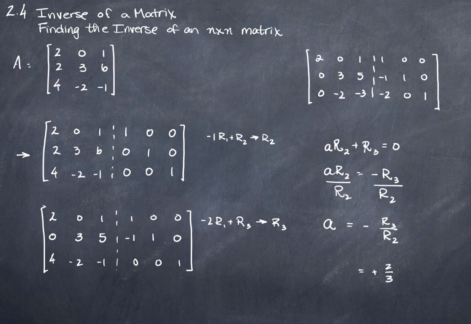All right, so I'm going to take, let's just do it with an eraser here, I'm going to take this operation and make A 2/3. Now that I know what that number is, I can erase this work here. I also know that this software is not going to let me move things the way I'd like to, so I'm going to copy this.